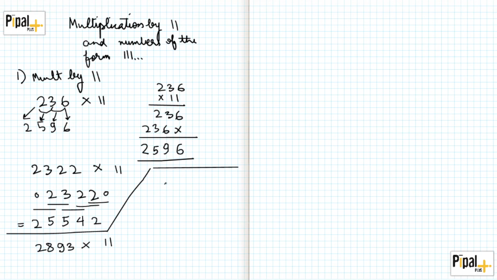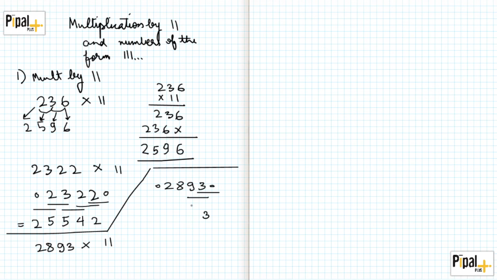Now 2893, and I recall in the previous example, if I have to multiply by 11, I'll put a couple of dots signifying 0. So my ones digit is going to be a sum of 3 and 0, I get a 3. Now the next digit is going to be the sum of 9 and 3, but that's 12.